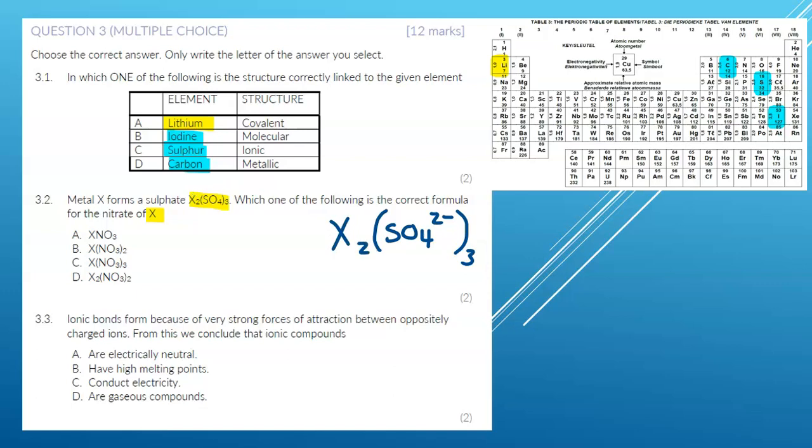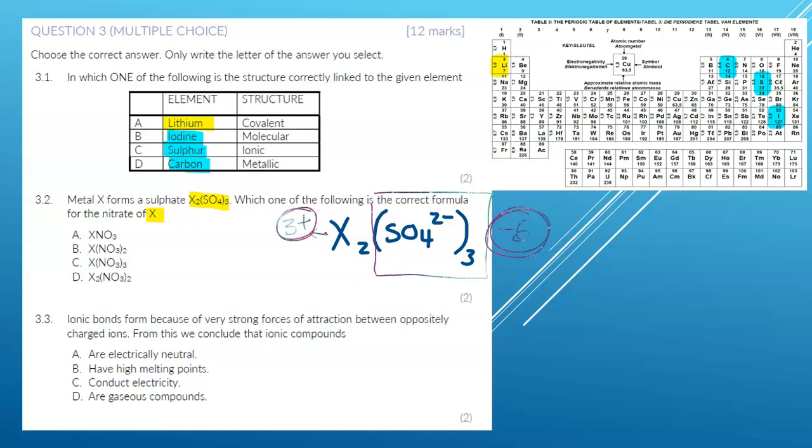Okay, so let's just do that now. So if we look at the sulfate part, we know the charge is -2. If you didn't know it, you know it now. So the charge is -2, and we have 3 of those. So it means that this whole negative side of the bond has a charge of -6. And we know we always want to end up with a neutral substance, which means if I have 2 X's, then each of the X's needs to have a charge of +3.